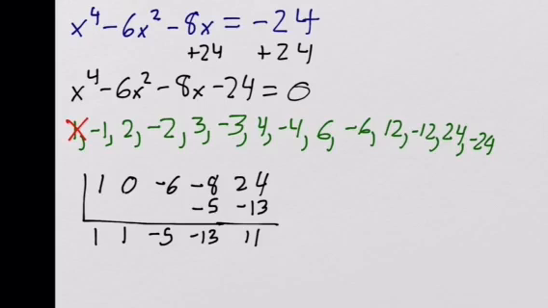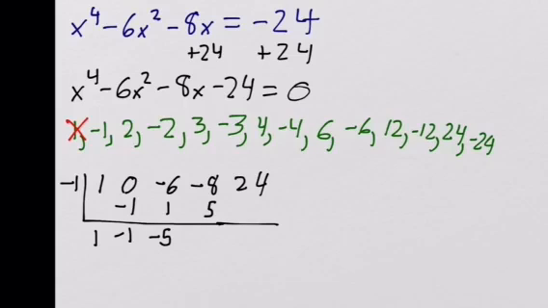So, let's try something else. We'll go ahead and try negative 1. So I bring down the 1, multiply by negative 1, and add. Multiply by negative 1, and add.